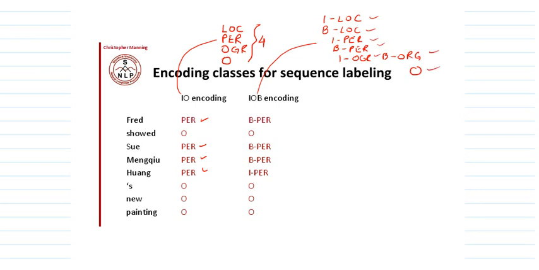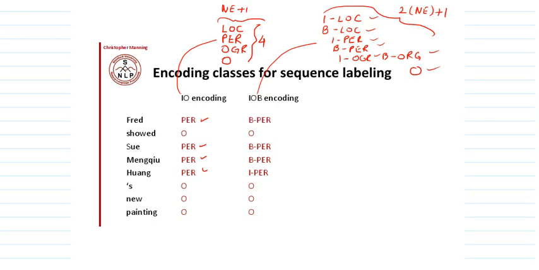Here the number of labels depends upon the number of entities we are marking. In the first scheme, if we have three named entities, we have named entities plus 1 labels, so NE plus 1. But here we have the number of labels as twice the named entities plus 1.